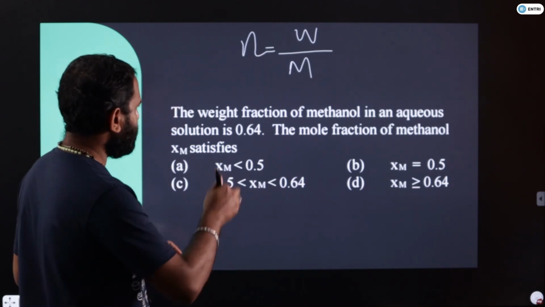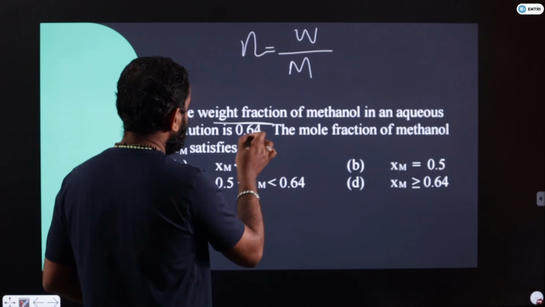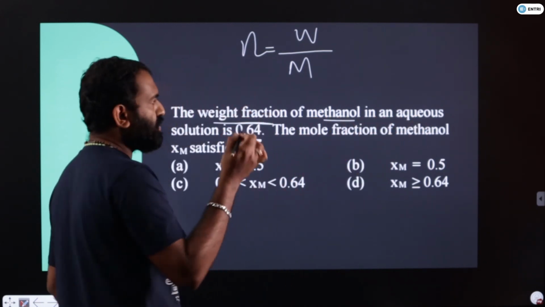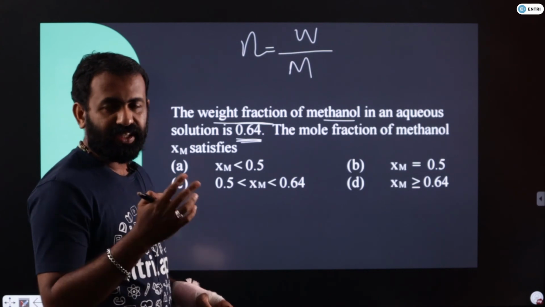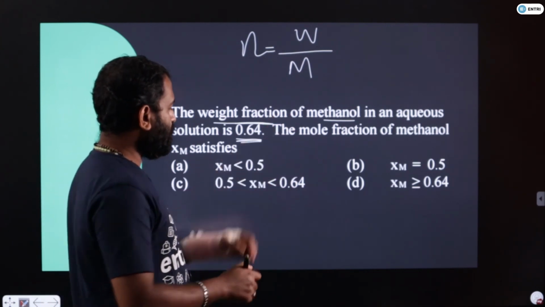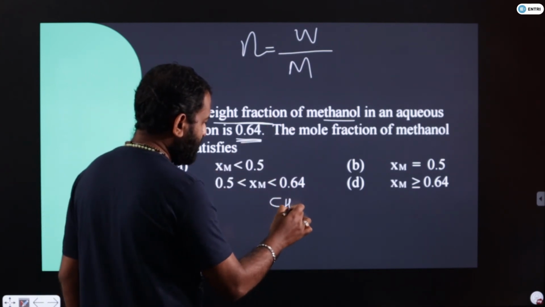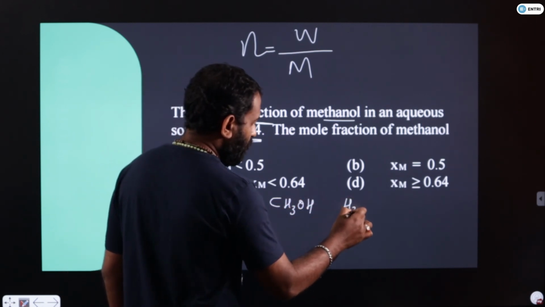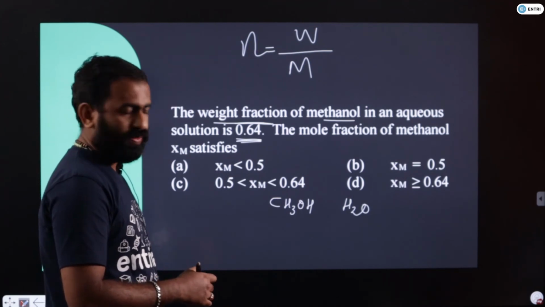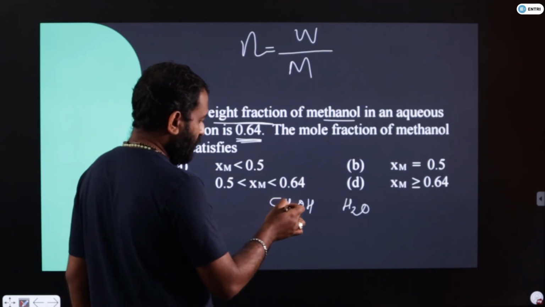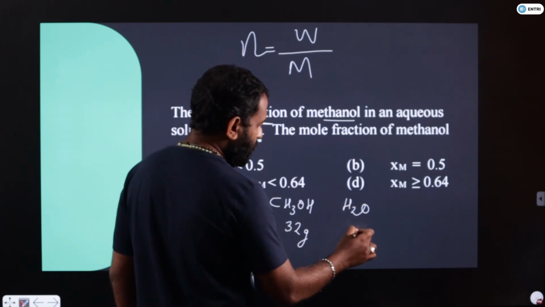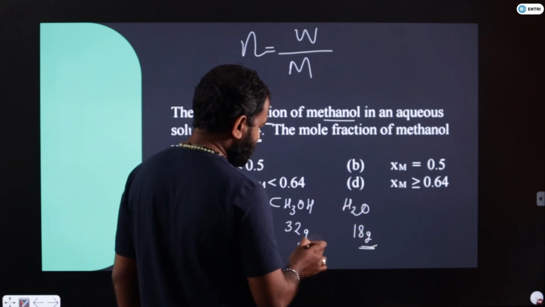Here, weight fraction is given as 0.64. Weight fraction of methanol in an aqueous solution, that means the second component is water. So, there are two components, one is CH3OH methanol, another one is water. The molecular mass of methanol is 32 and water is 18 gram.